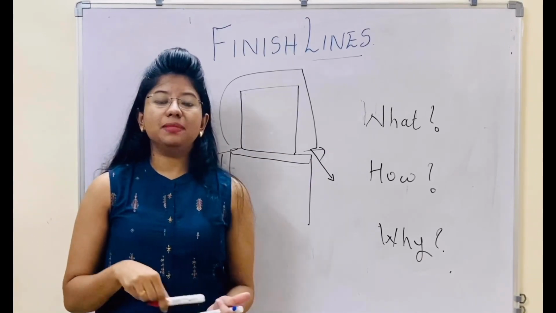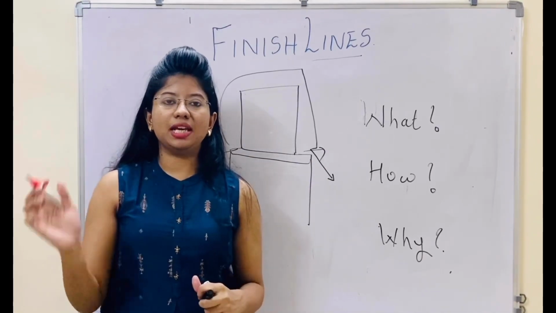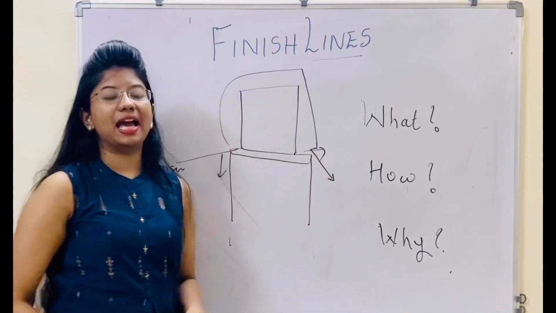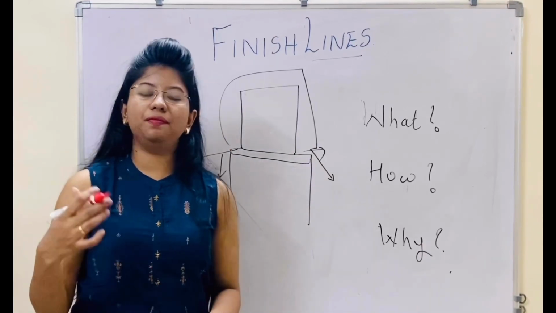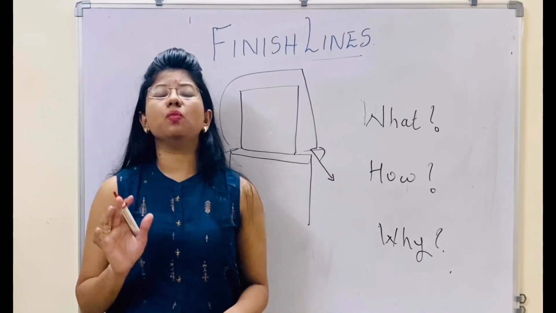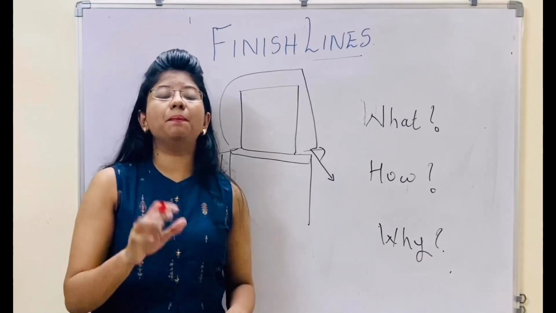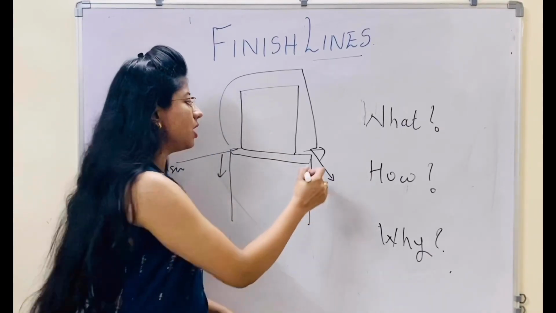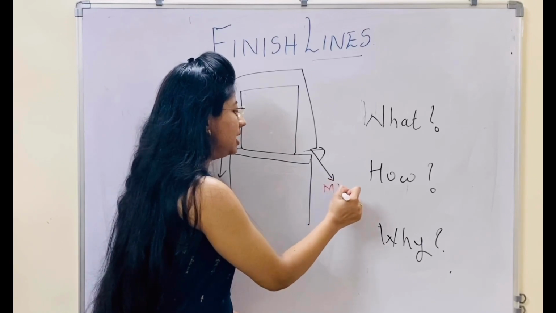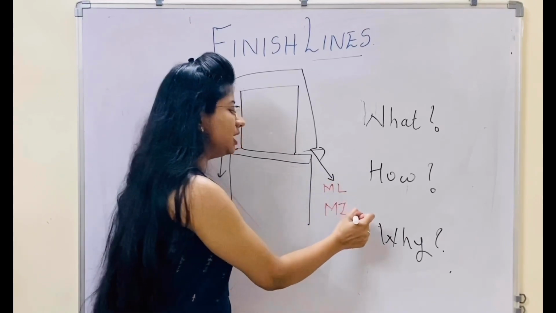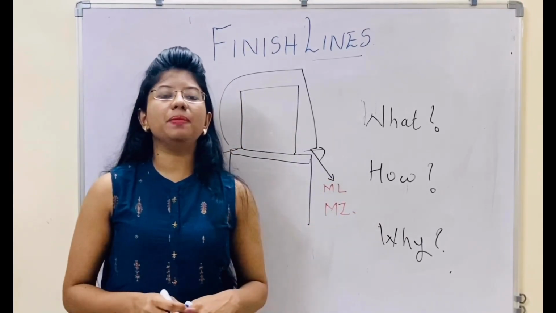Through that gap, the saliva, other fluids, and carious products go in and further lead to the failure of your crown, which we don't want. That's why we need to give a proper finish line for avoiding marginal leakage and giving proper marginal integrity. That's why this topic is important.